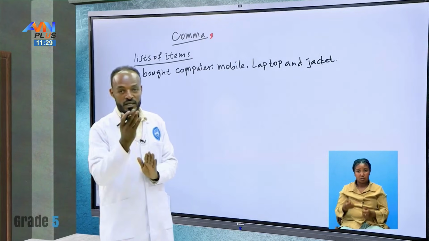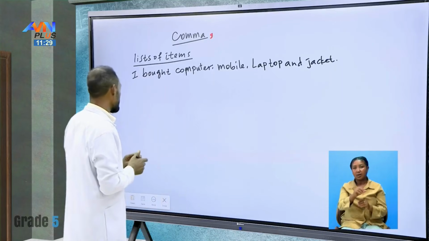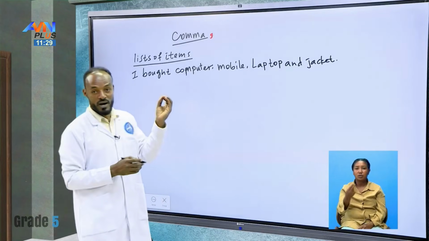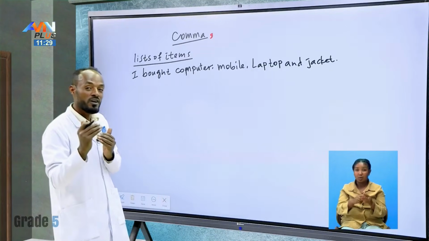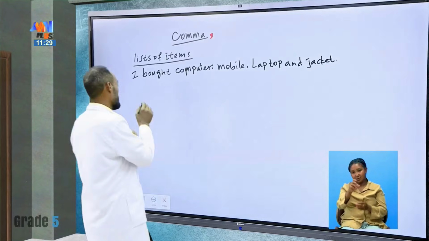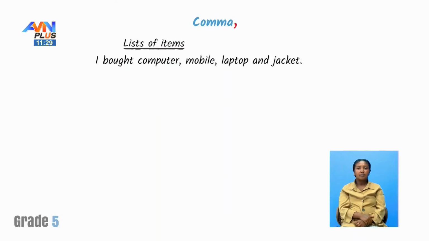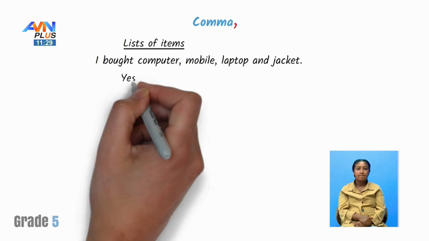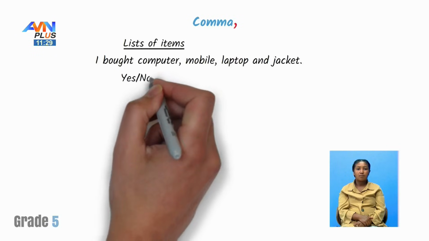Is it clear? Bravo. And another one is, we can use comma at the beginning of a yes or no question response. For example, yes or no question. Look.